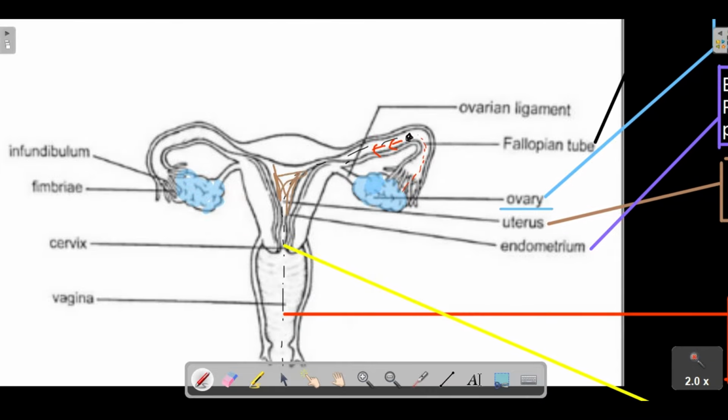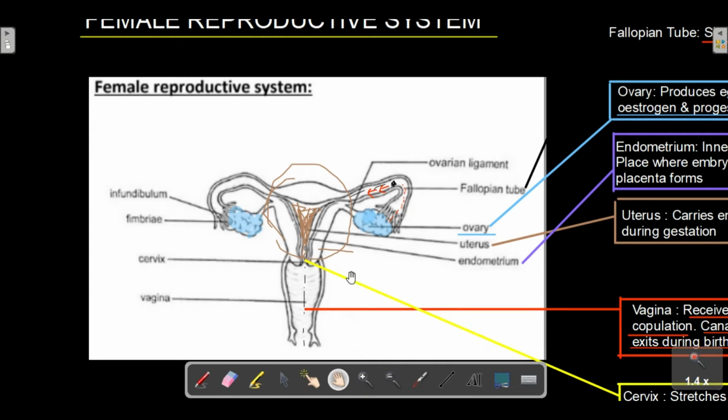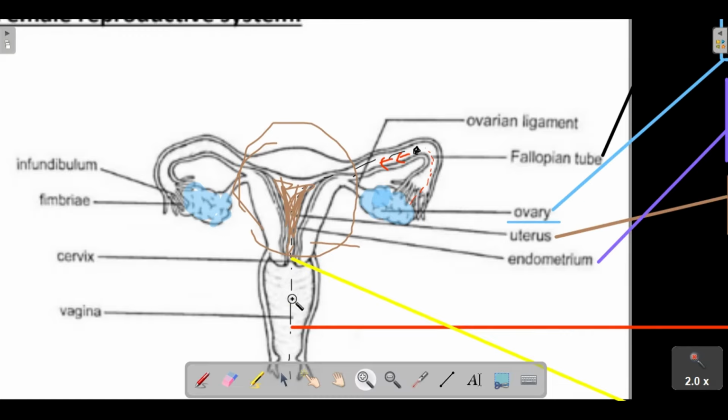Sometimes, guys, they can point the arrow here, but this is still the uterus. All of this is the uterus. If you have an arrow pointing here or here or here, that is the uterus.